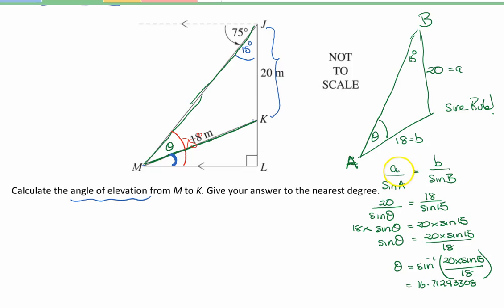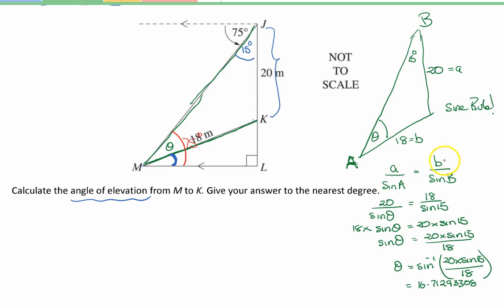So you can see that I've written my sine rule, A on sine A, calling the unknown angle A. And again, this is a good test of how well you learned the sine rule back in those exercises. This is feedback for you. Do you need more work on it? Because this is the type of situation you're going to be in. You're going to be thrown a question. You have to know which rule to go to. You have to be able to use the rules.